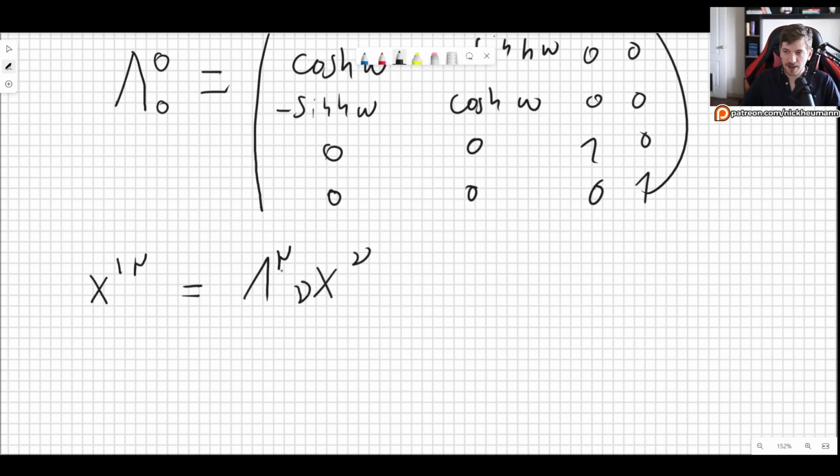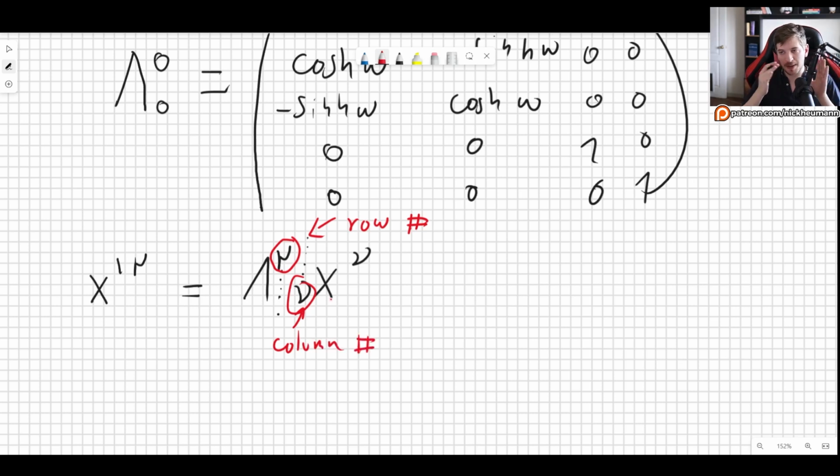Notice that underneath the mu there is nothing, and above the nu there is nothing, because by convention this first index indicates the row number, and the second one, the nu, is going to be the column number. That's why it's important that you keep them apart.